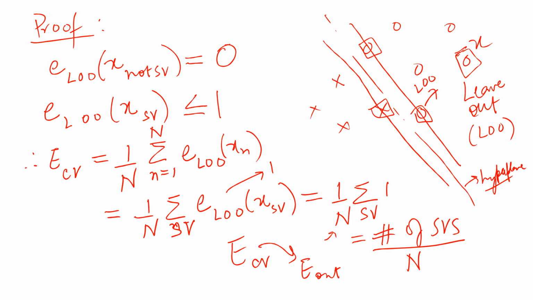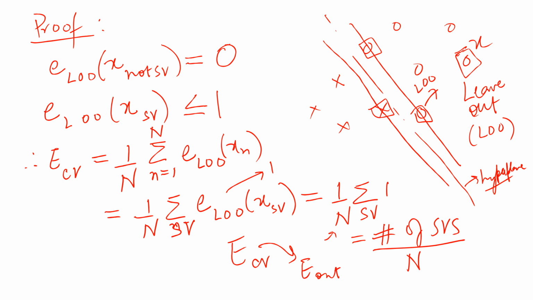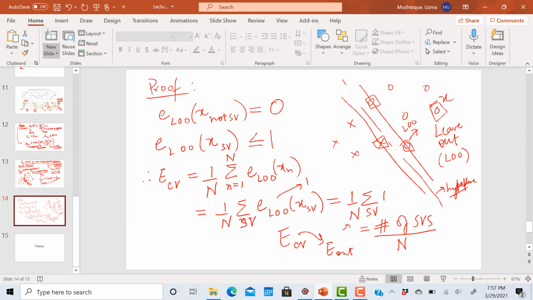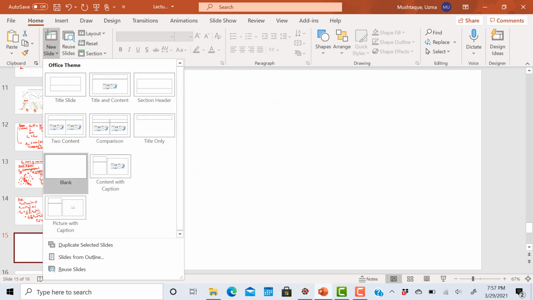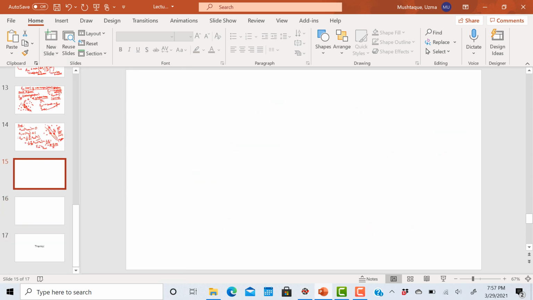So let me put all these points together, and oops, I should have added one more slide here because we need it, of course. Let me keep this and let's add a new slide. Maybe two more slides, because I wanted to summarize everything before we end this part of the lecture.